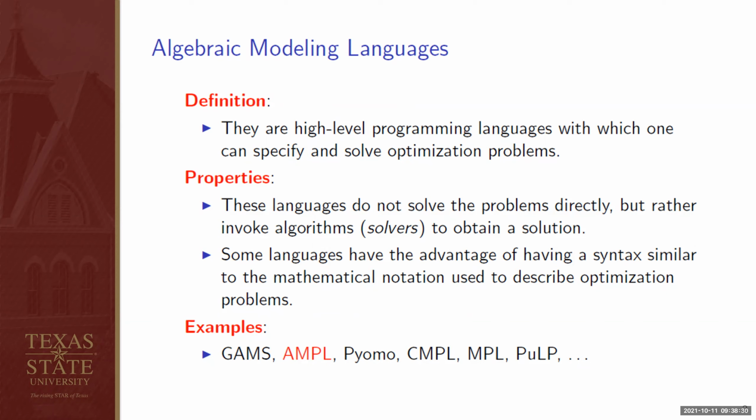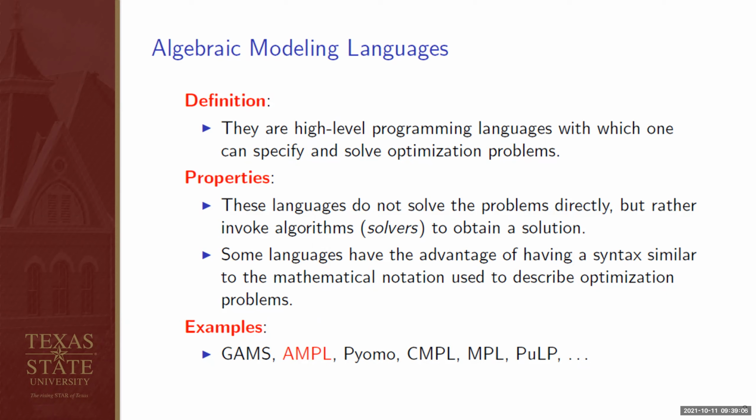A lot of them have updates coming up every year because they're continuously updating to keep up with the advancements in the field. So as I mentioned, these languages do not solve the problems directly, but rather invoke algorithms or solvers to obtain a solution. Some languages have the advantage of having a syntax similar to the mathematical notation used to describe the optimization problems.